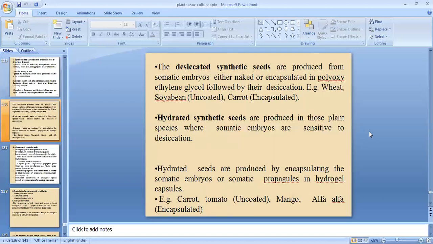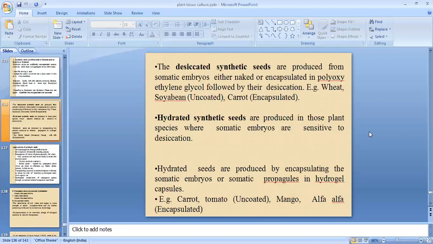So what do you mean by desiccated synthetic seed? They are produced from somatic embryos, either naked or encapsulated in polyoxyethylene glycol, followed by their desiccation. That means the somatic embryos are taken and desiccated, that is, the water content is removed.